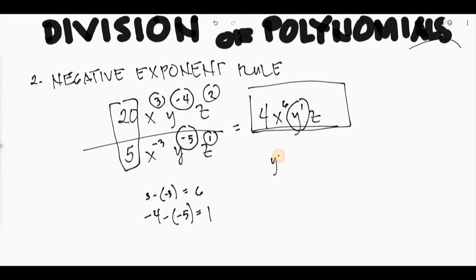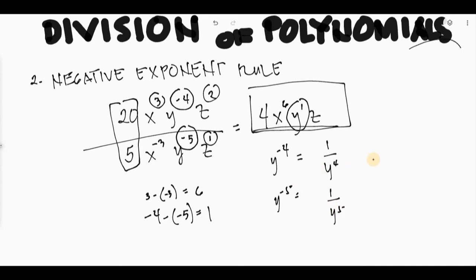We have y raised to negative 4, which can be written as 1 over y raised to 4 according to the rule. Then y raised to negative 5 can be written as 1 over y raised to 5.